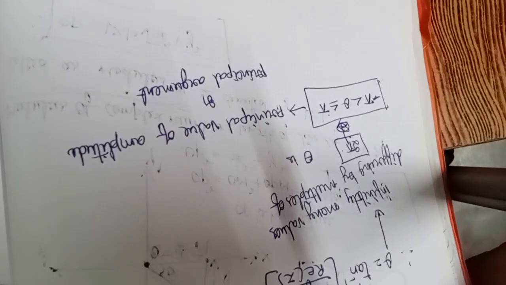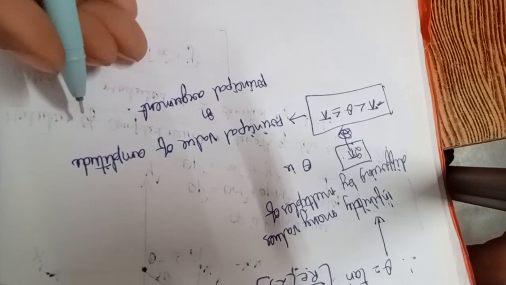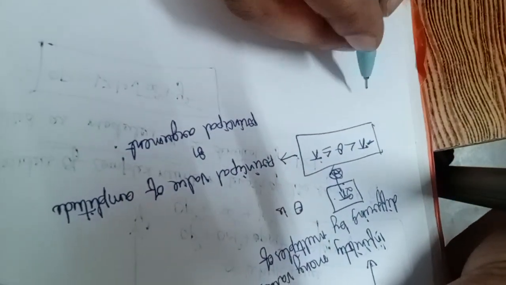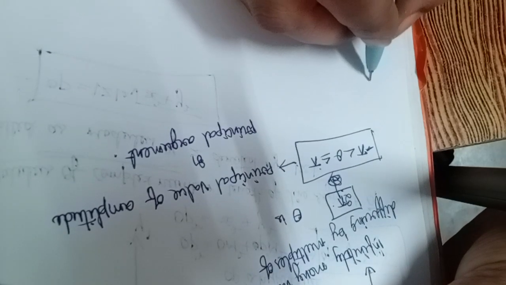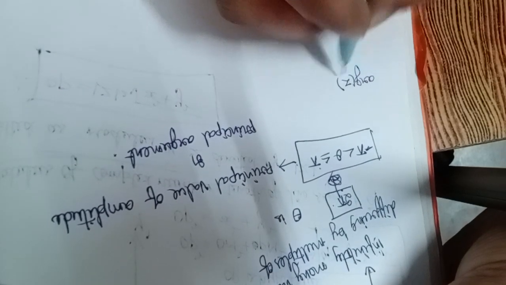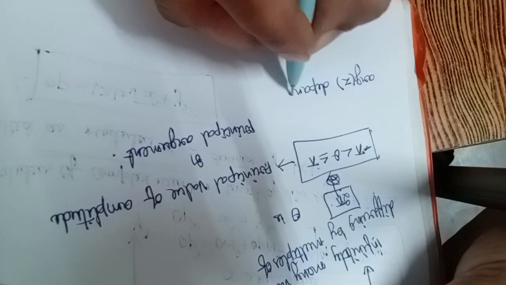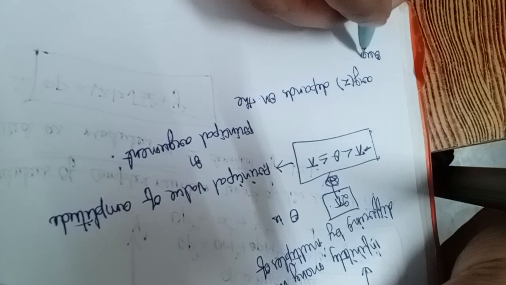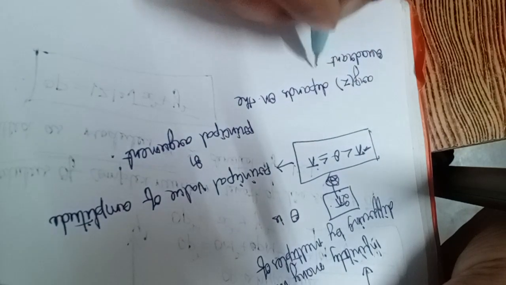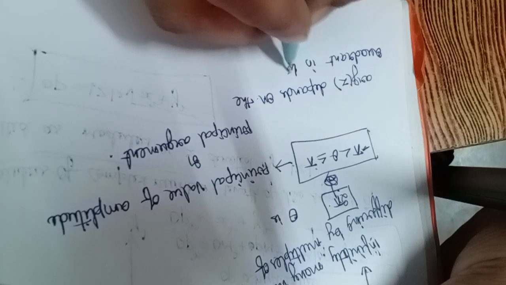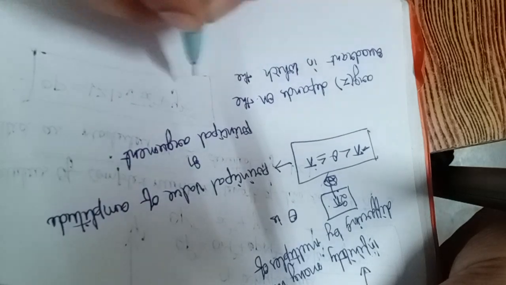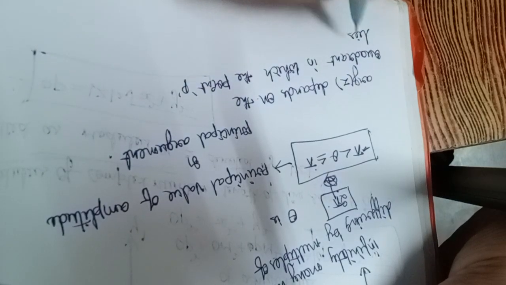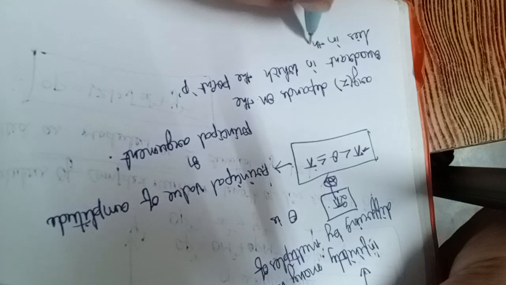One more thing to observe here is that the argument of z depends on the quadrant in which the point P lies in the Argand plane.